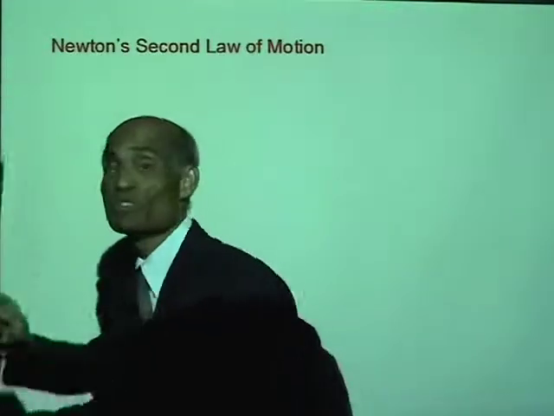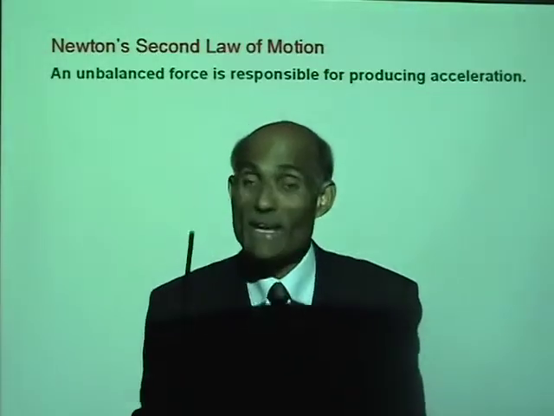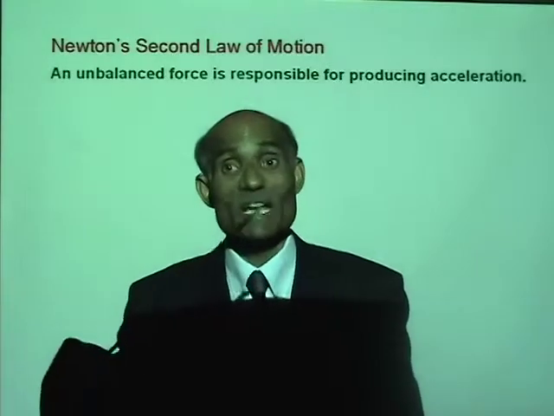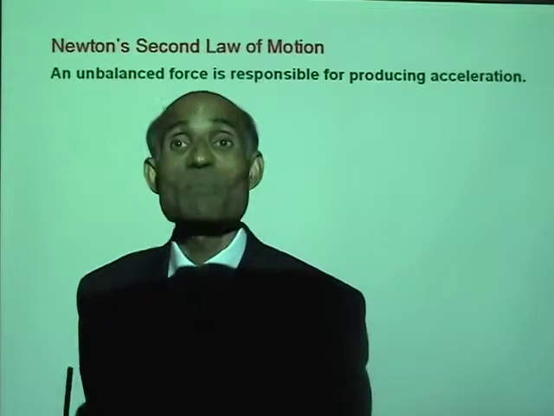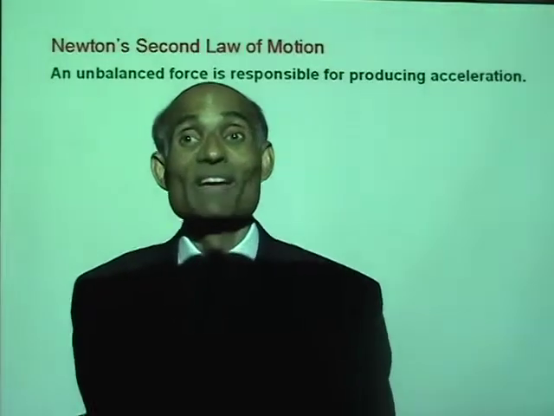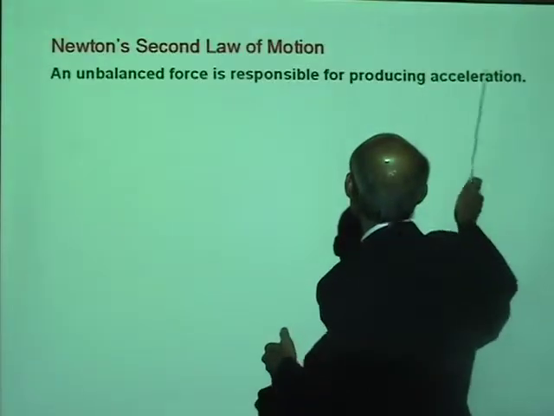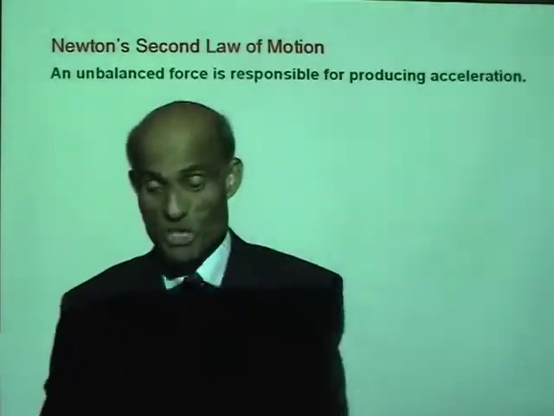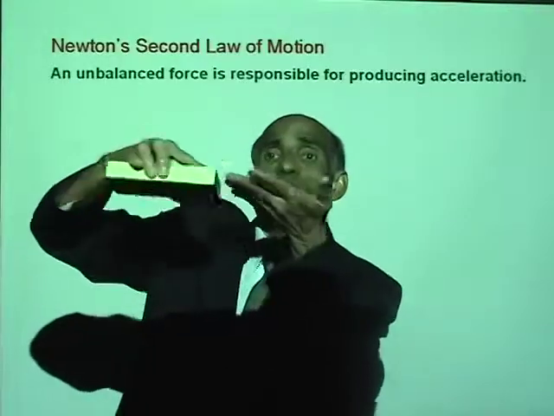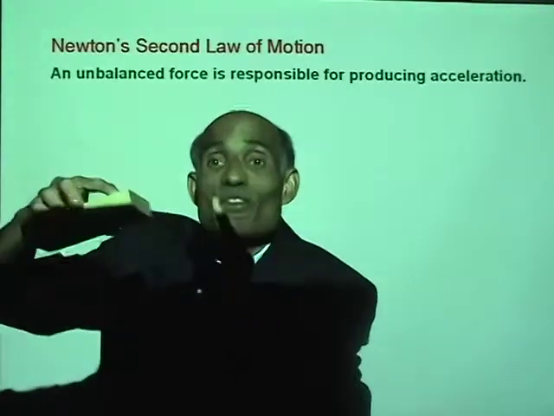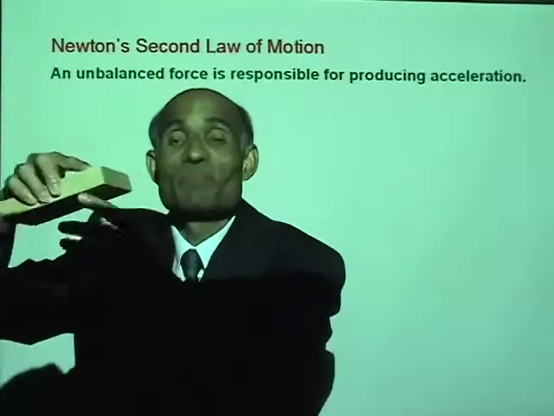Let's talk about Newton's second law of motion. Now, when an unbalanced force is acting on an object, what does that unbalanced force do? It is an unbalanced force that produces an acceleration. You see, the moment an object at rest begins to move, its velocity is changing, therefore it is accelerating.